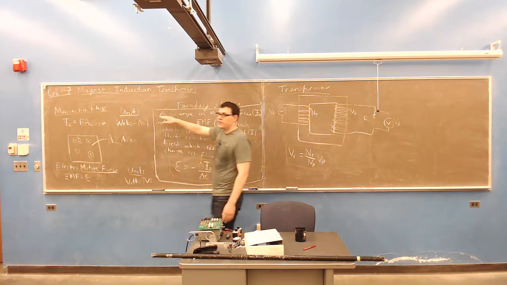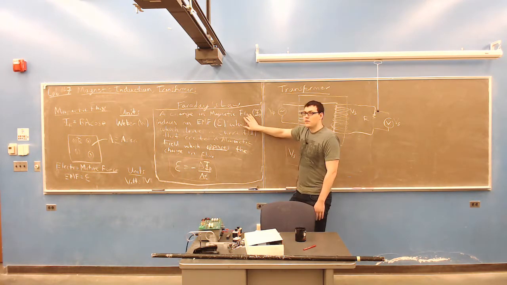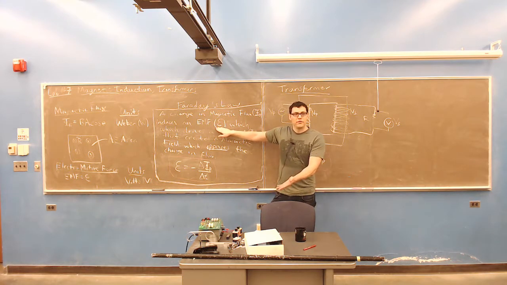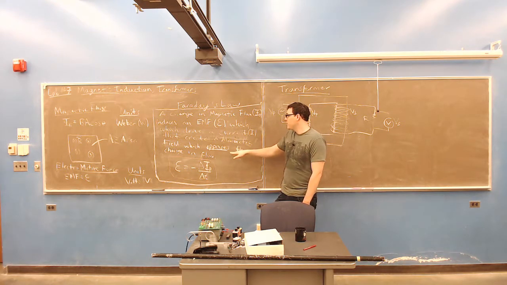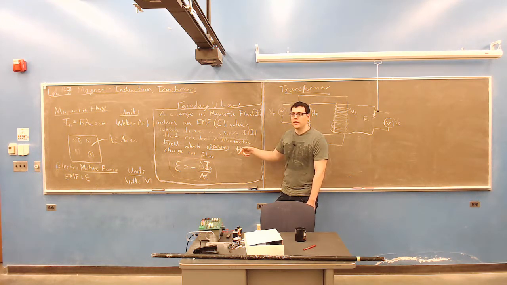If you have a changing flux, it'll induce an EMF, which is a voltage, right? So what do voltages do? They drive current, right? So it drives a current, and then that current is in a direction such that it opposes the change in flux. So that current is going to create its own B field, which opposes the change.